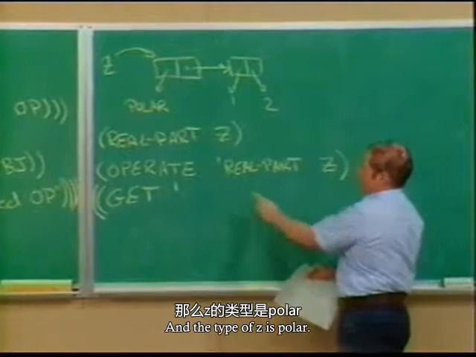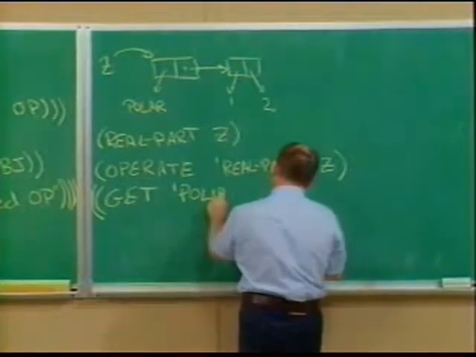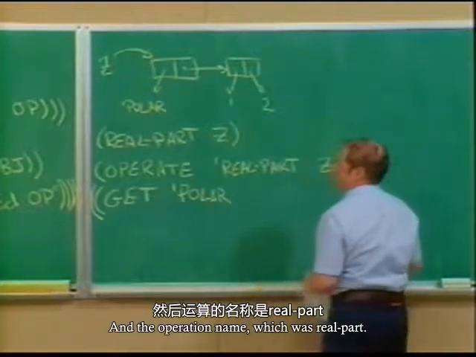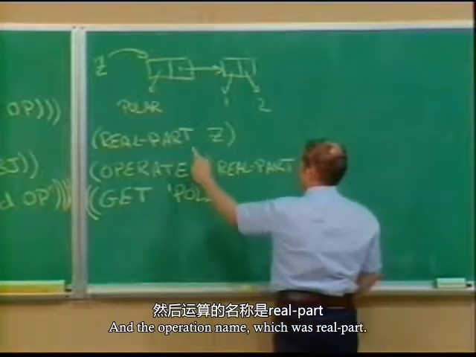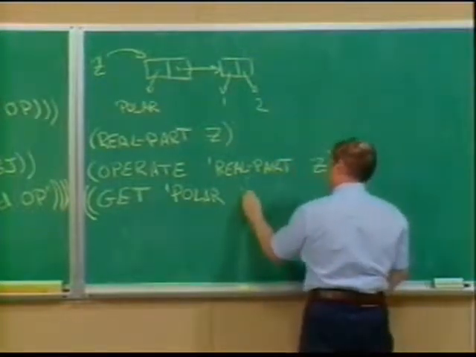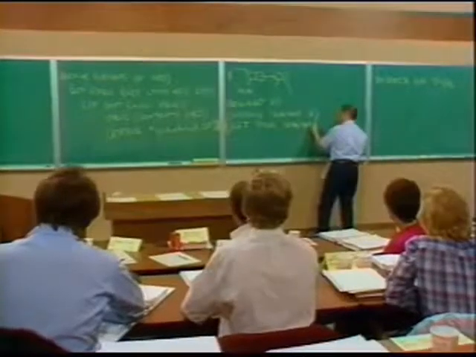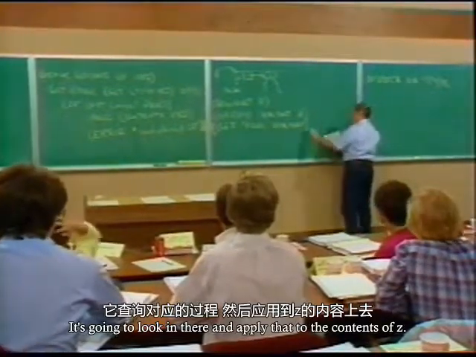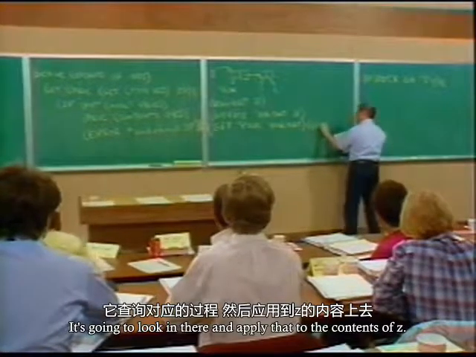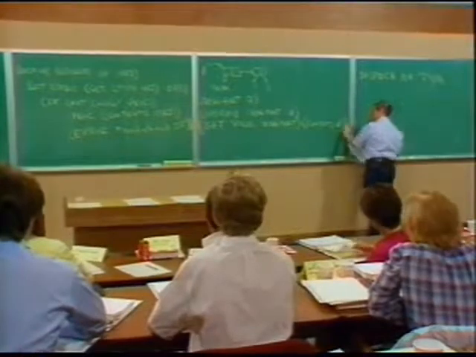The type of Z is polar, so it's going to look and say, can I get, using polar and the operation name, which was real part, and apply that to the contents of Z. And what's that?